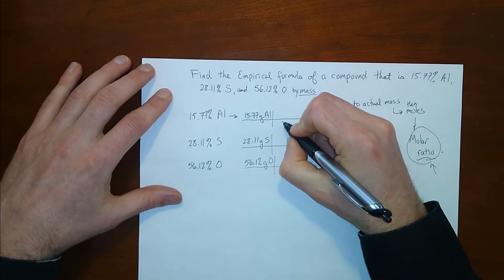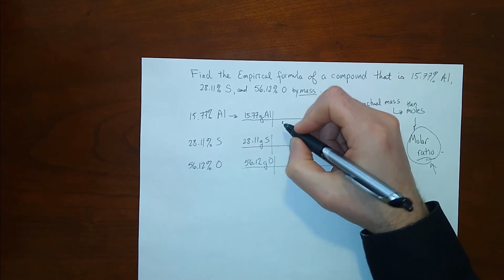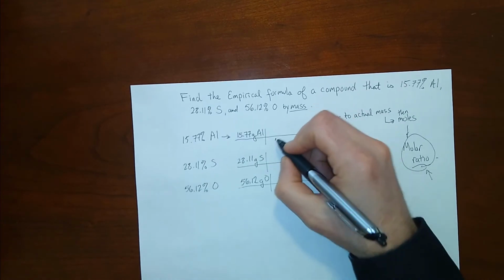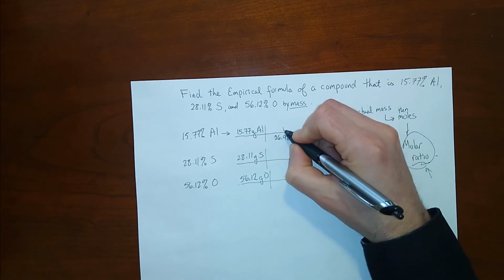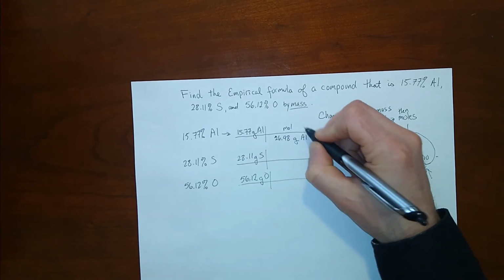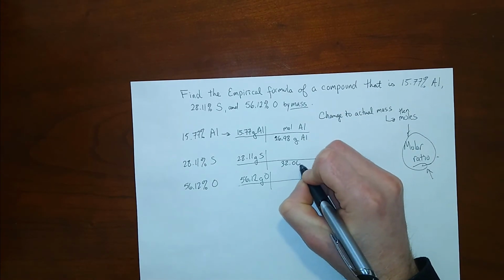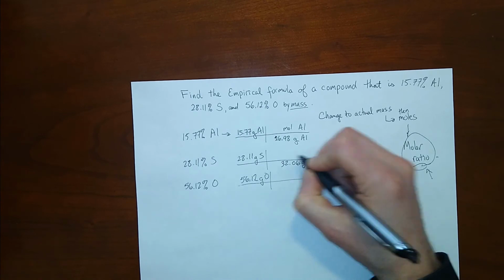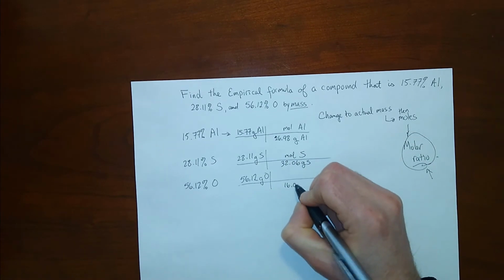So again, aluminum is, what was this, 26.98, I think. Sulfur is 32.06. Oxygen again is 16.